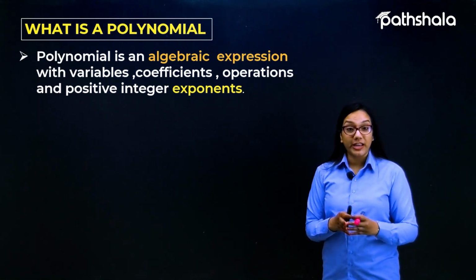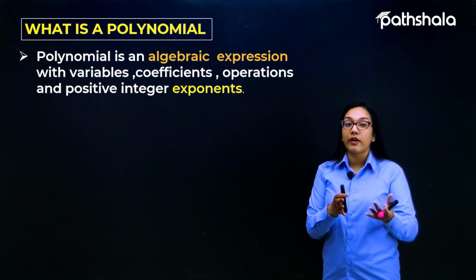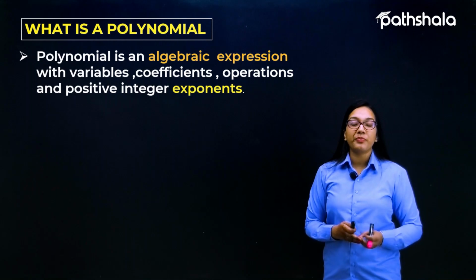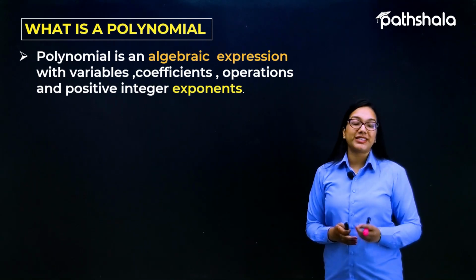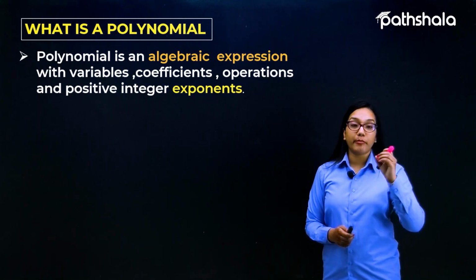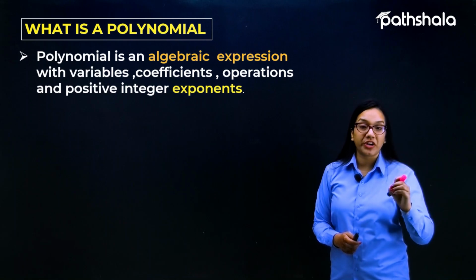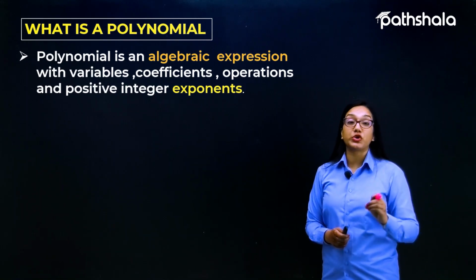There must be some variables: x, y, z, any kind of variable. They have some coefficients, some basic mathematical operations, and the very important concept that they have an exponent which is always a positive integer.